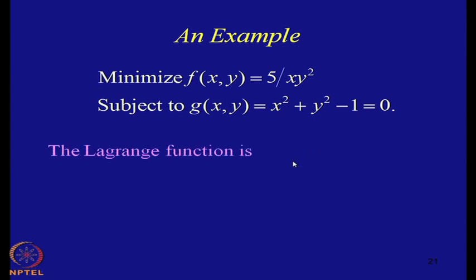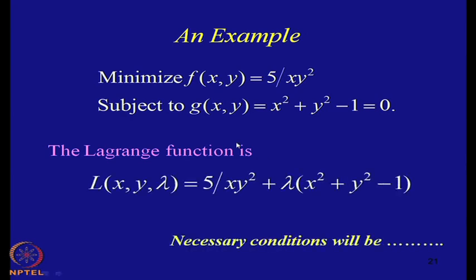Now, for solving this problem, first we need to construct the Lagrange function after introducing the Lagrange multiplier lambda. How to construct the Lagrange function? As I said, the Lagrange function would be a function of 3 variables here, the decision variables x and y as well as the unspecified Lagrange multiplier lambda, and that would be equal to the objective function plus lambda into the constraint.